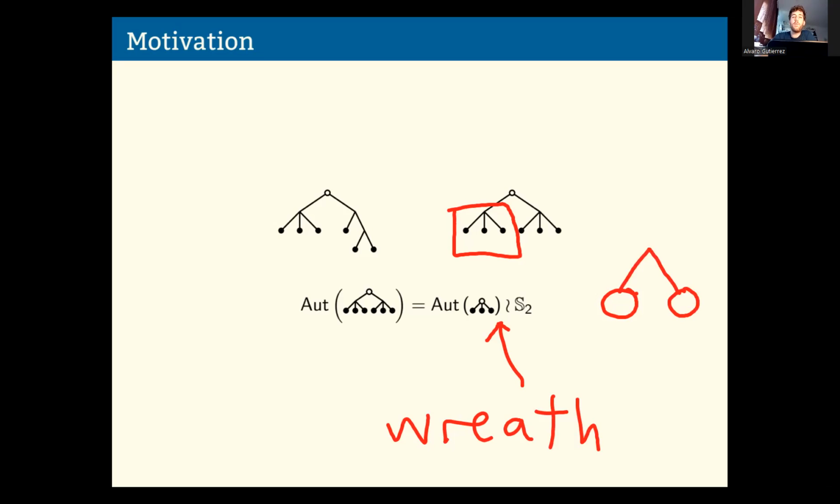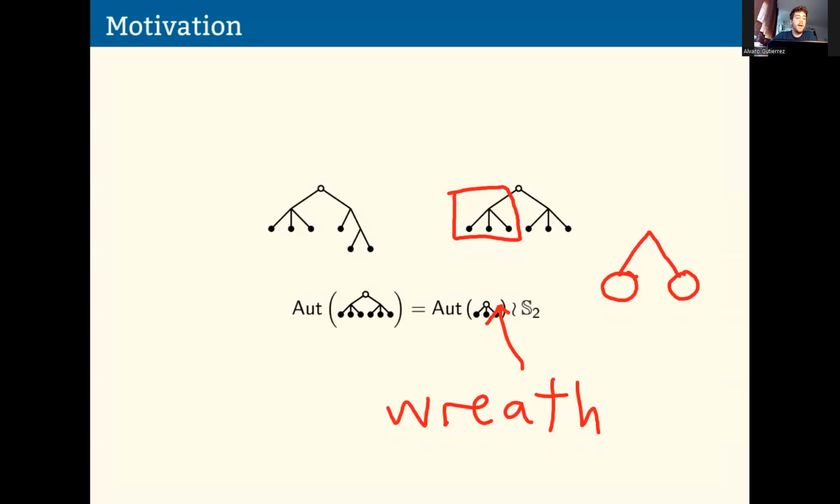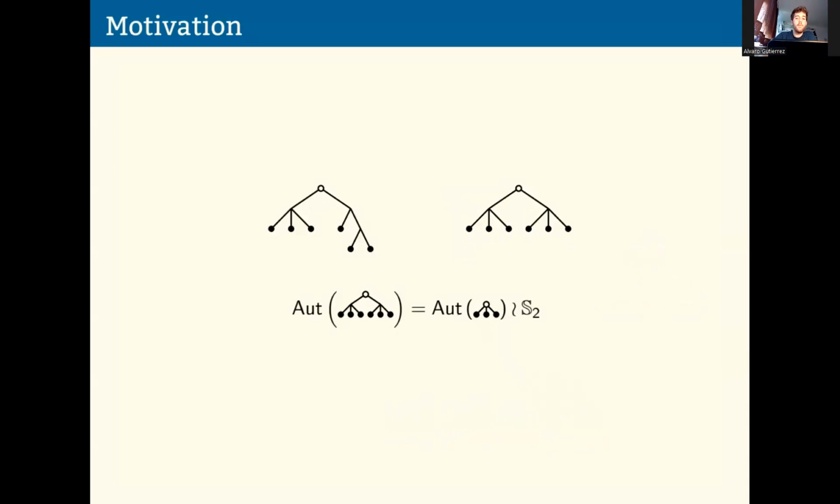Inside of each blob, now we have a smaller tree. Okay. And again, I can finish the story just by saying, well, the automorphisms of this part is S3.